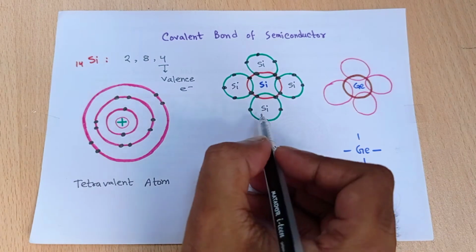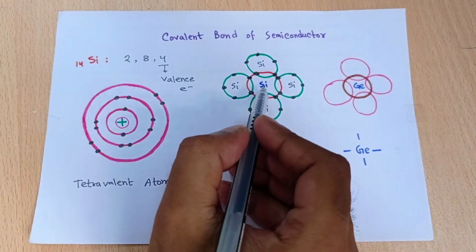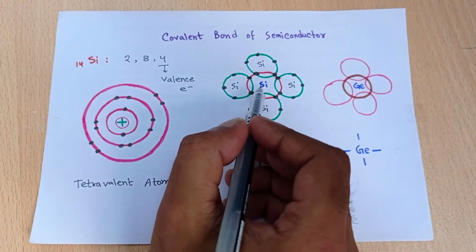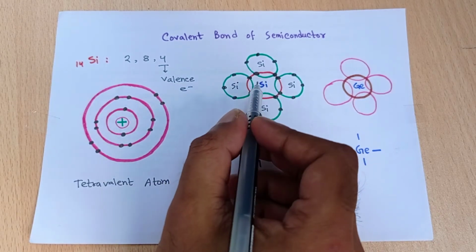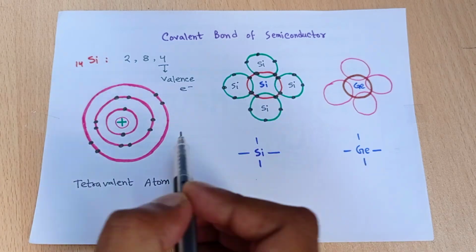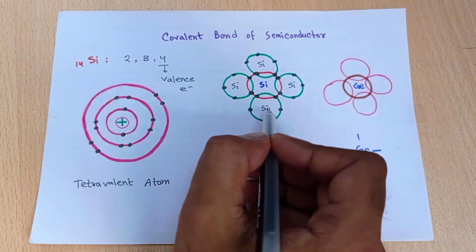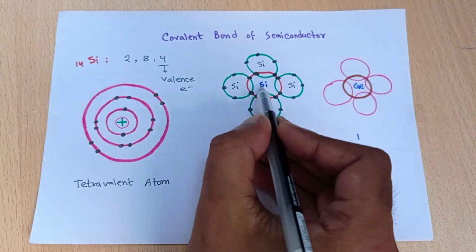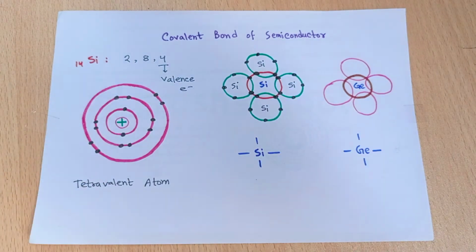So now these 4 silicon atoms share one of their outer shell electrons with the central silicon atom, and you can see the central silicon atom can easily contain 8 electrons, where 4 electrons are from the central atom and another 4 electrons are from the outer 4 silicon atoms. So this central silicon atom contains 8 electrons at the outer shell of its orbit.